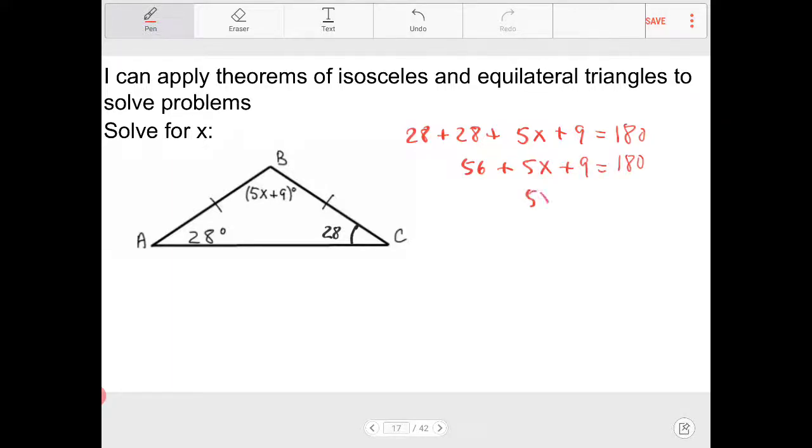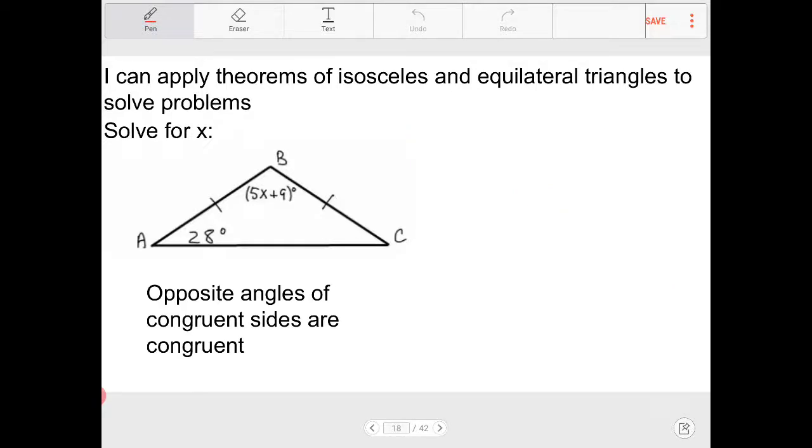This is going to be 5x plus 65 is equal to 180. Subtract both sides by 65, I end up with 5x is equal to 115. Divide by 5, I will end up with 23 as x. Again, opposite angles of congruent sides are congruent.